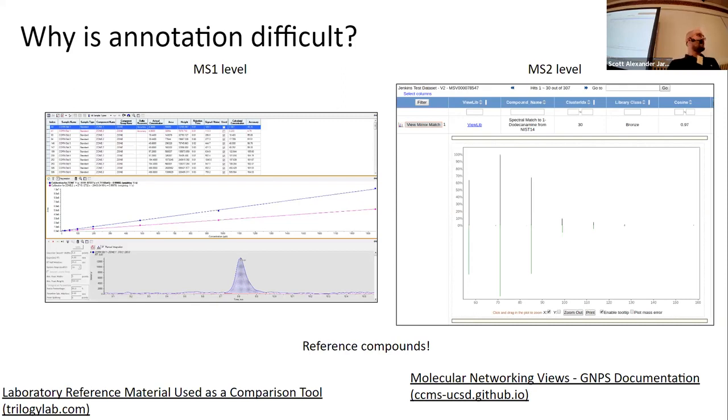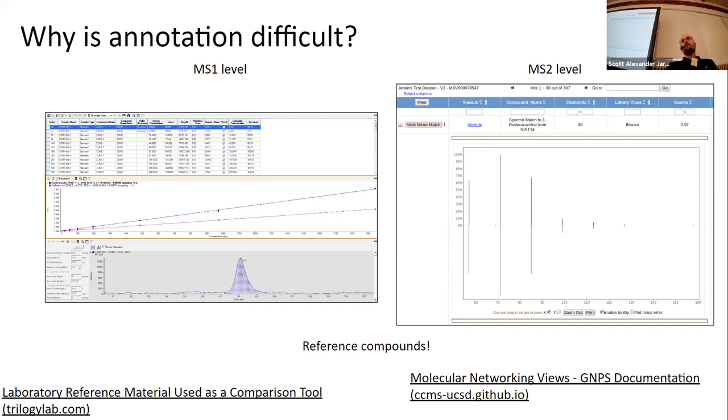So GNPS is entirely community-based, and we rely heavily on users like yourself or us to deposit data at the end of studies. That way, those databases continue to get curated, but potentially through mining of papers, we can try to pull out some of this information.